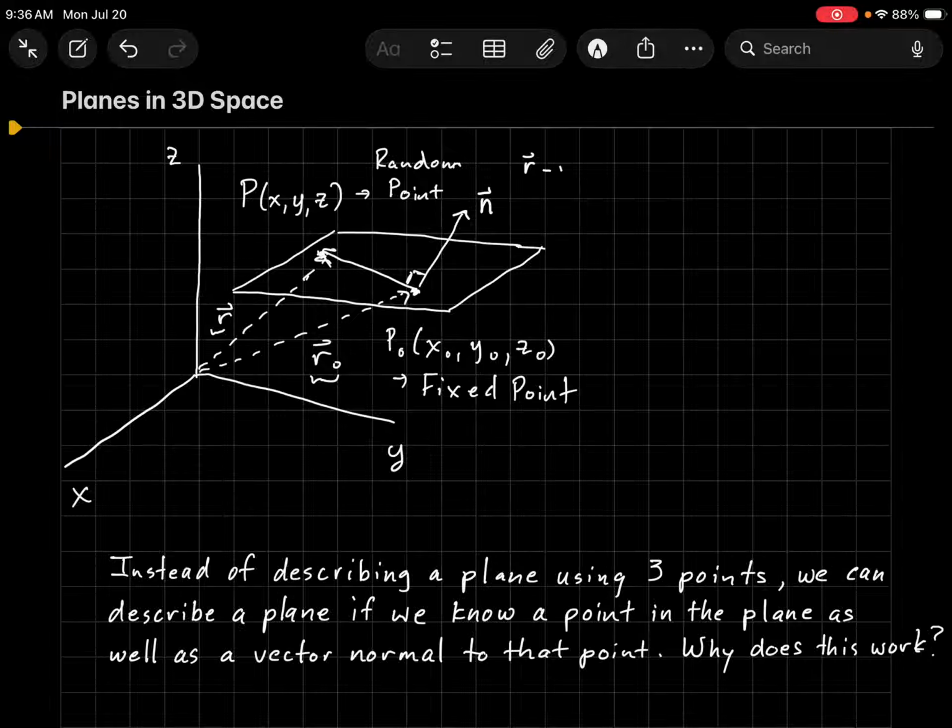We can see that r minus r naught is going to be the vector x minus x naught, y minus y naught, and z minus z naught. And let's define our normal vector as a, b, c.